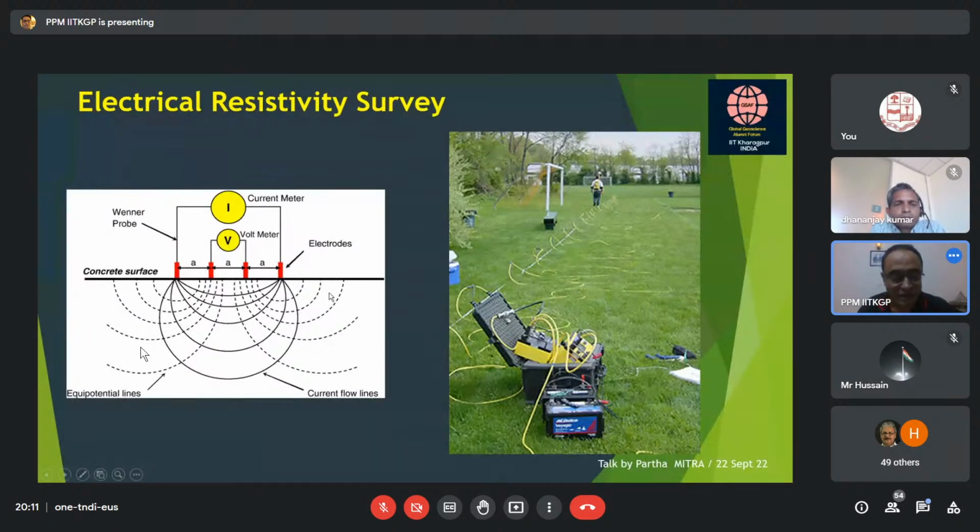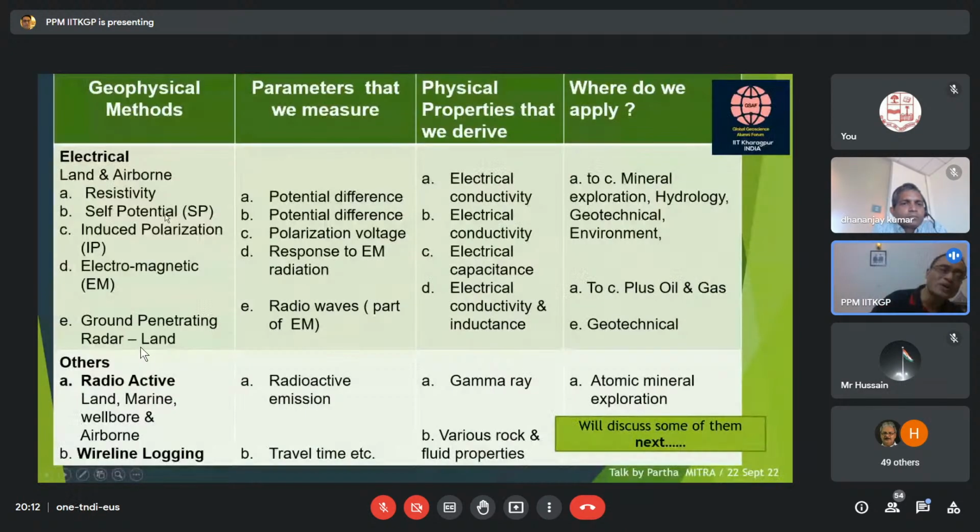Now, there is another very simple electrical method, which is called the self-potential method. What is that? It also measures the potential difference, and it also gives you the physical properties of electrical conductivity. Now, how does it work? What does self-potential mean?